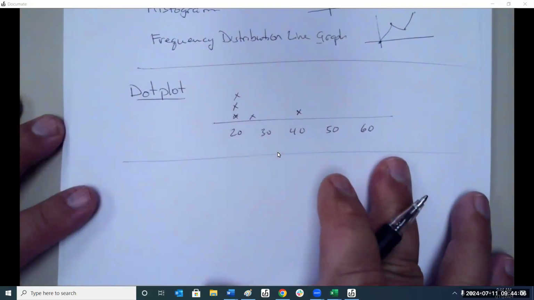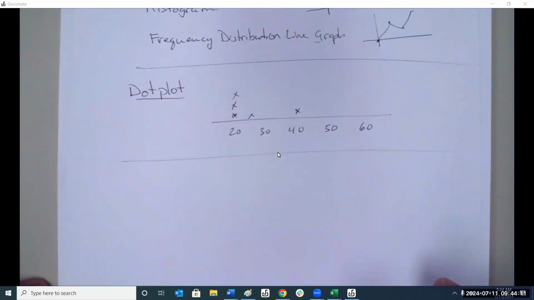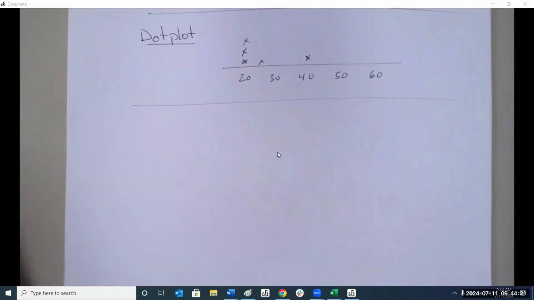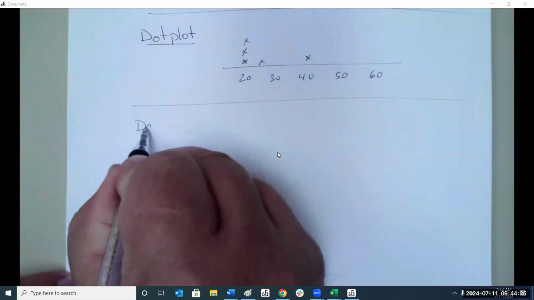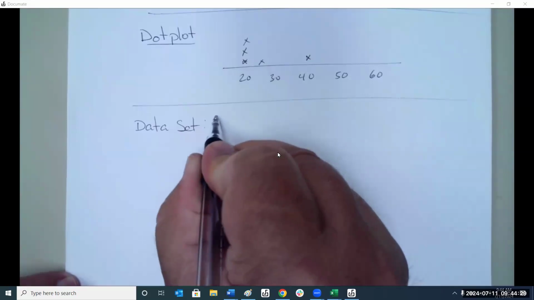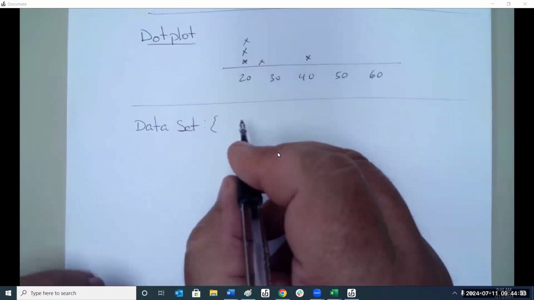Any problem with that one? Yes. Well, okay, let me make up a data set so we can look at this. I have a data set, but the numbers are way too big. So here's our data set. I'll use numbers from 0 to 9.